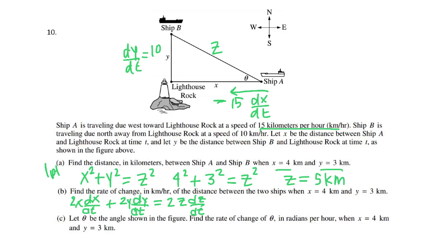Now in the plugging in, I would go ahead and drop those 2's. Those aren't necessary. Notice they told us x was 4 kilometers, so we have 4 times our rate of change, which was negative 15, plus y times its rate of change, 10.